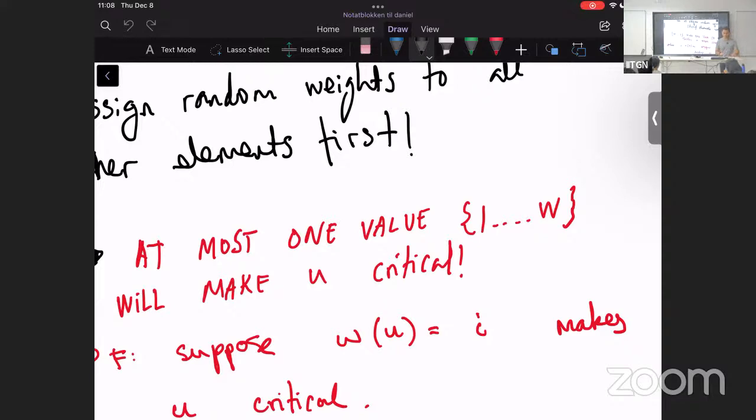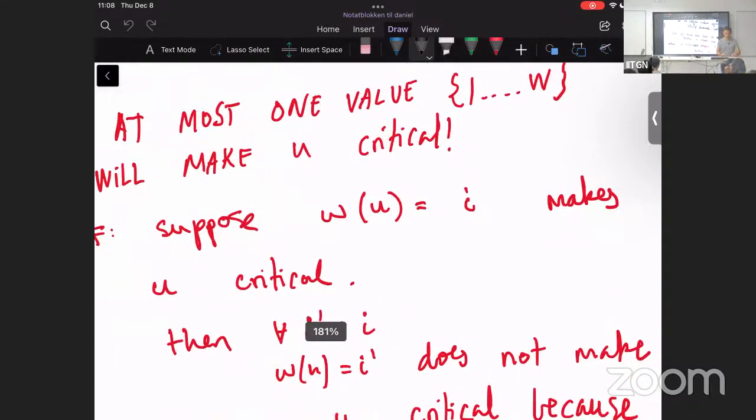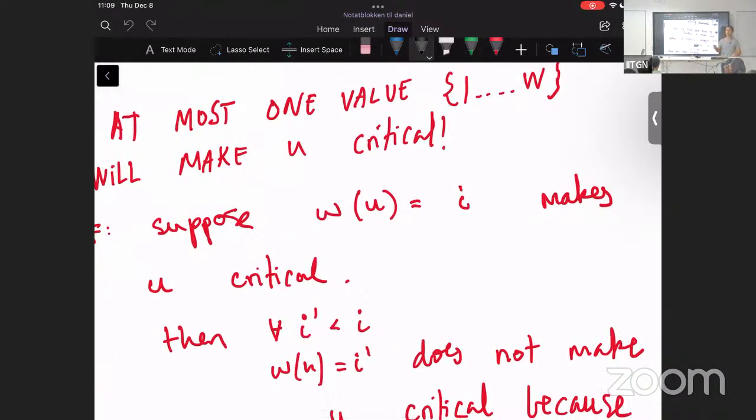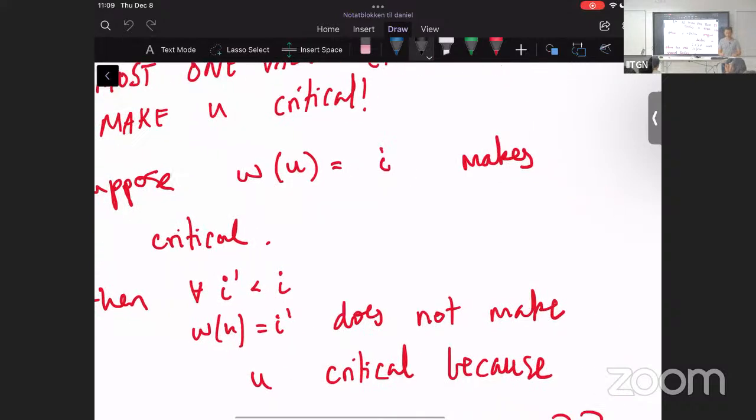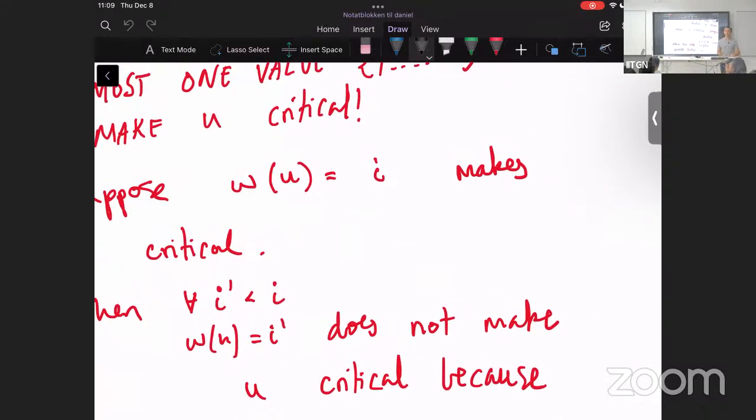Why is that? Well, suppose giving it weight I would make it critical. Right? Then I claim that for any smaller I prime, giving it weight I prime would not make it critical. Why not?